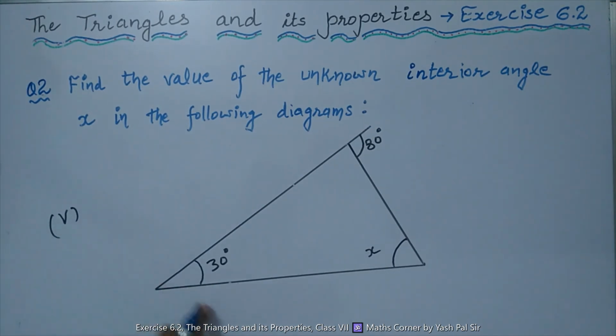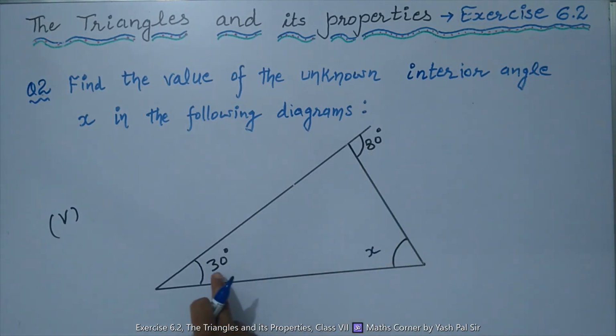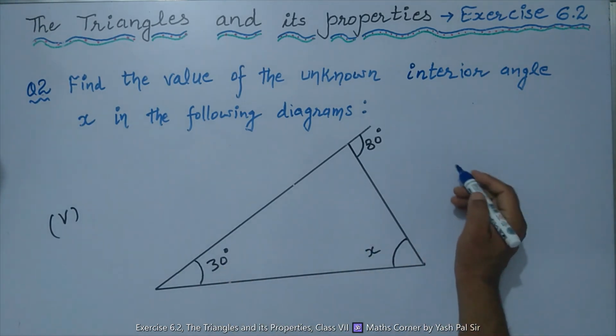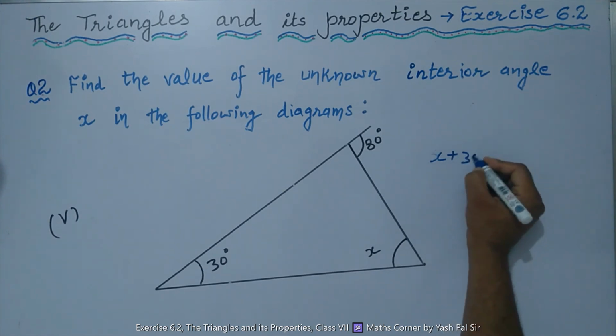This is our part number 5. 80 degrees is the exterior angle. The opposite interior angles are 30 degrees and x. So what is the value of x? Firstly, the sum of opposite interior angles is x plus 30 degrees.